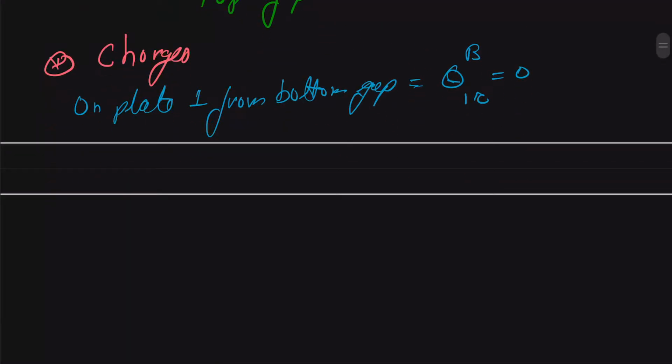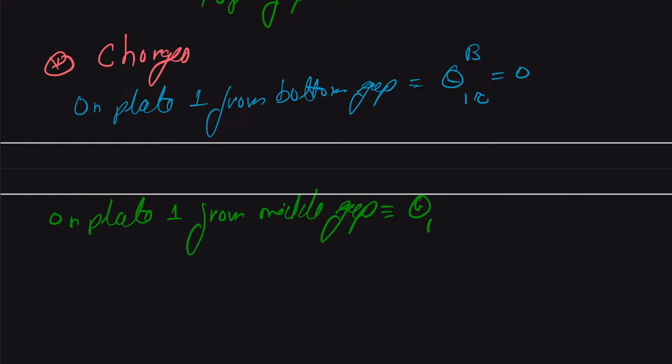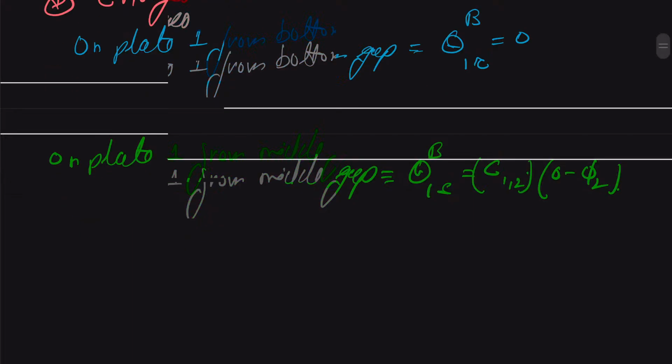Now similarly, the charge on plate 1 from the middle gap. We can write this as Q1, plate 1, middle gap S, part B, and once again this is C12 times the difference in potential, that is 0 minus phi 2.